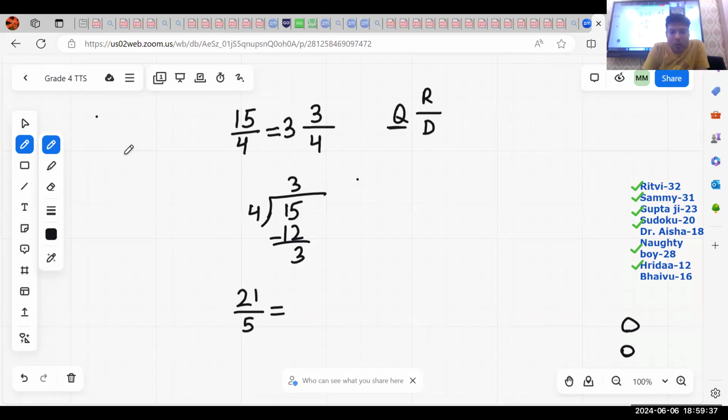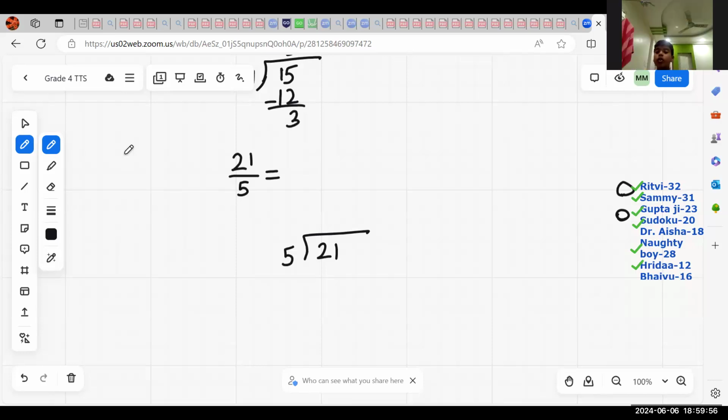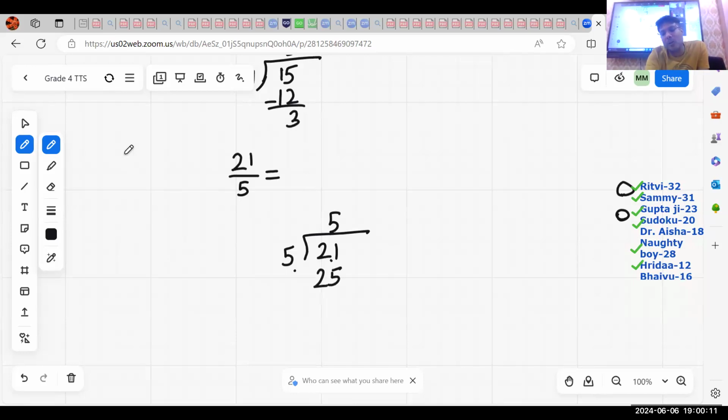Next, Bhayu, आप answer बोल दो बेटा. Yes, sir. Sir, the answer is 5/4. बेटा आपने 21 को 5 से डिवाइड किया. What's the quotient? You tell me. Sir, the quotient is 5. 5 means आपको 21 को 5 से डिवाइड करना नहीं आता भैया. 5 5s are 25 लिखोगे आप. ऐसे डिवाइड करोगे.